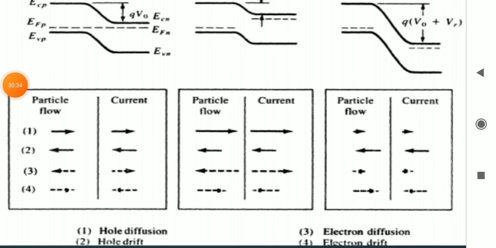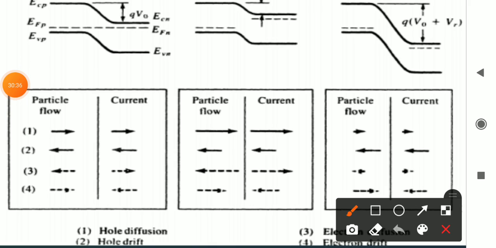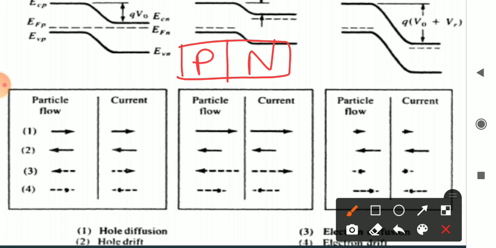Now, how will the direction be? Consider the PN junction mentioned above in the forward bias. The first term is hole diffusion. Holes will move from P to N. From P, the majority carriers are present in P, no?